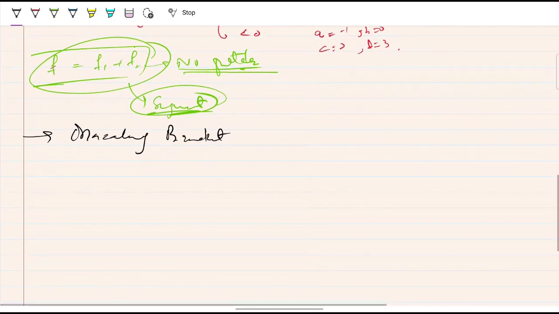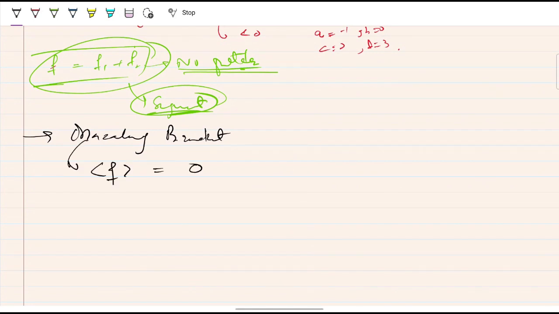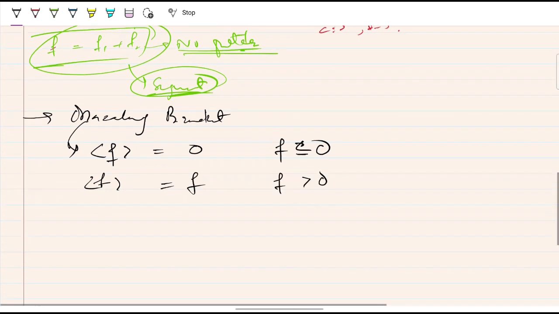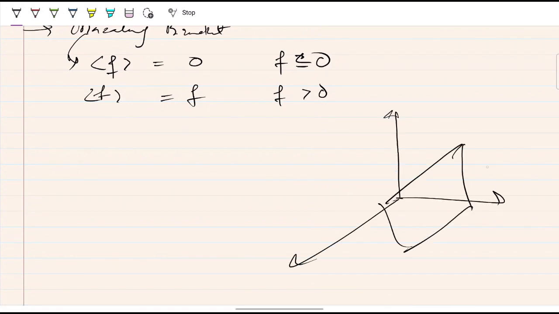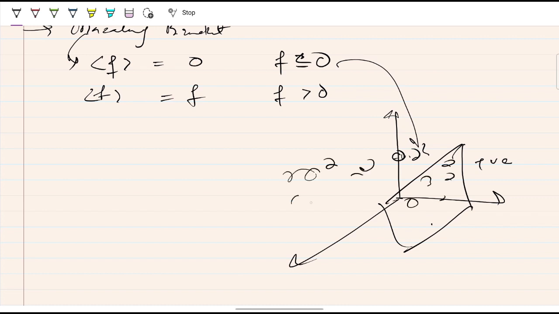Let's say a function f. I'm defining a Macaulay bracket as 0 when f is less than or equal to 0, and it takes the value of f when f is greater than 0. Now you will see this problem will be solved. Let's again plot the two surfaces. For the first, positive here, negative here, then Macaulay will be applied. This will be 0 on the surface, and 0 on this side.